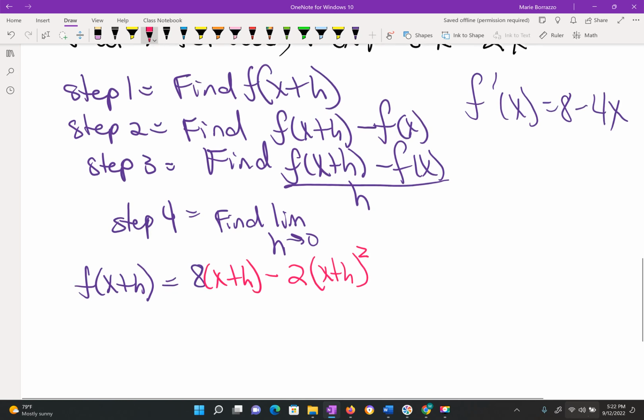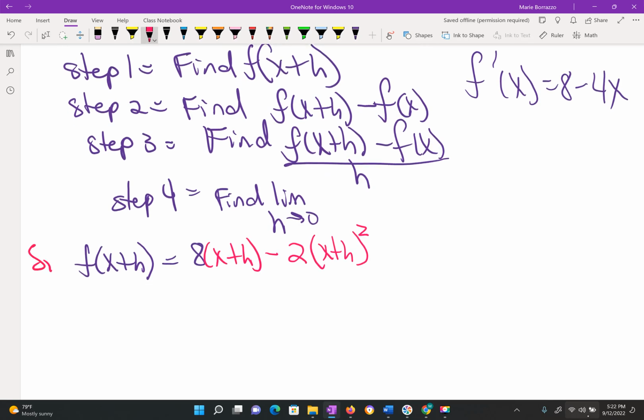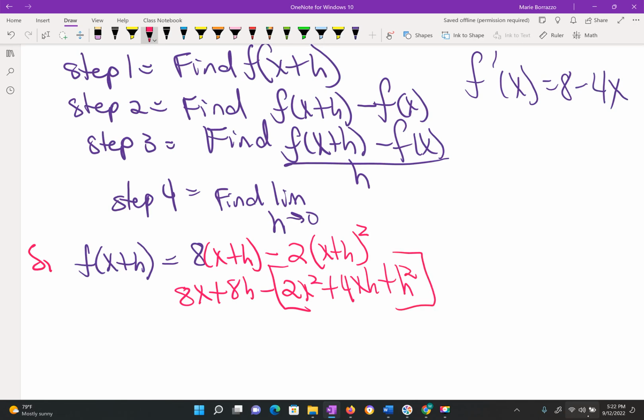That's what you should have started with in step 1. So I'll call it S1. And so you have 8x plus 8h minus 2 bracket x squared plus 4xh plus h squared, correct?